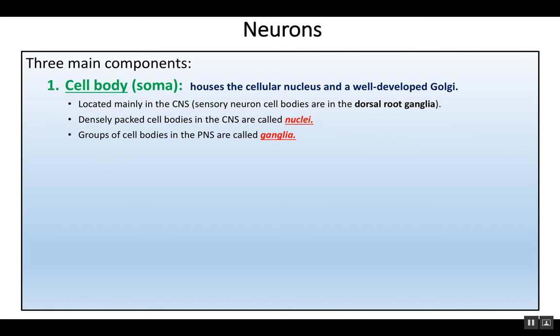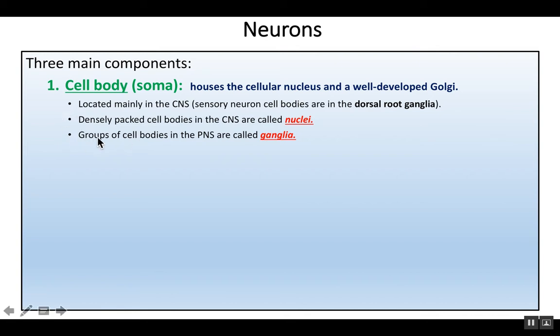But when you have a lot of cell bodies packed together in the CNS, like in your brain, we often refer to those areas as nuclei or basal nuclei. But that's just because there are these areas that have a lot of cell bodies and therefore no myelin, and that area is gray matter. But we'll be talking more about that when we get to the brain.